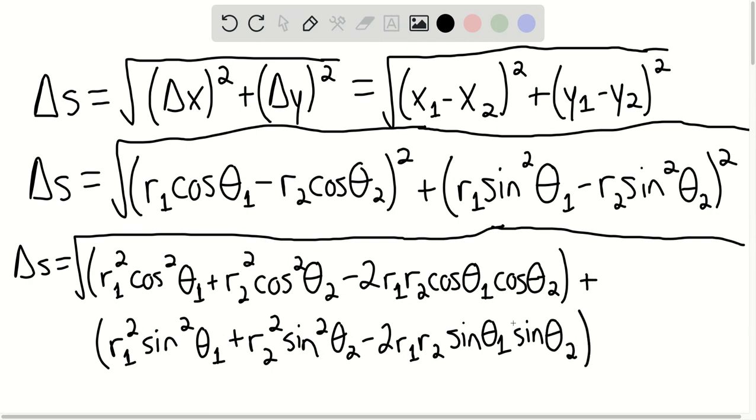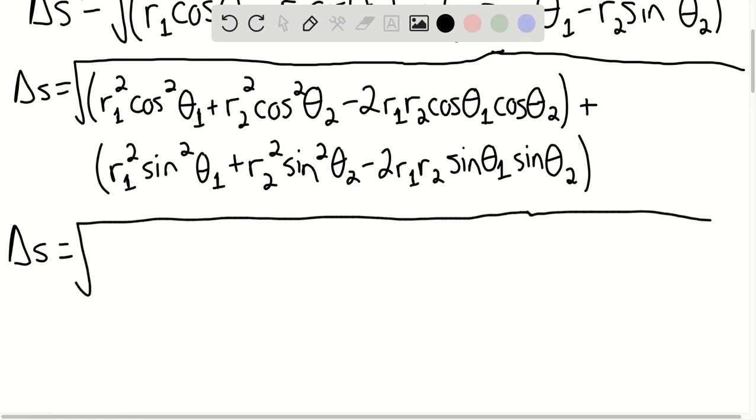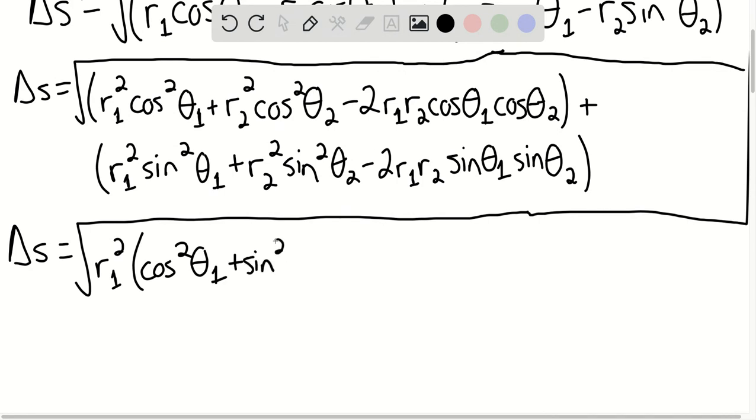And so we can then combine like terms and say that the distance between these two polar coordinates is the square root of r sub 1 squared multiplied by cosine squared of theta sub 1 plus sine squared of theta sub 1. And as we know, due to the trigonometric identity, this is equal to 1. So we will be able to simplify this further.